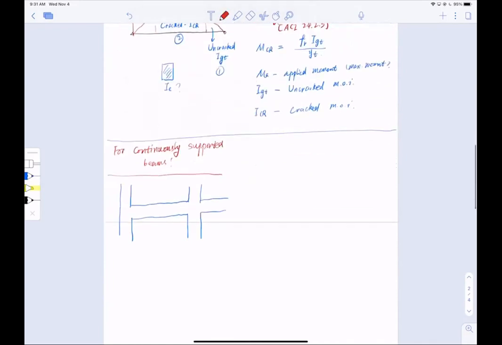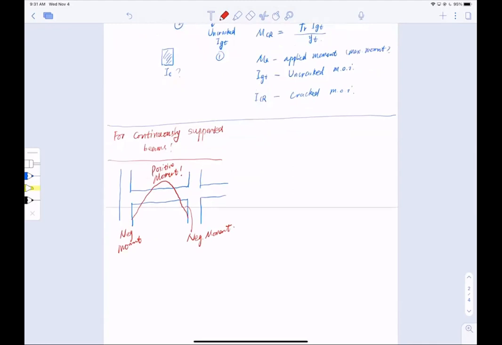It looks something like this: I have negative moment at the support, and positive moment at the middle span.